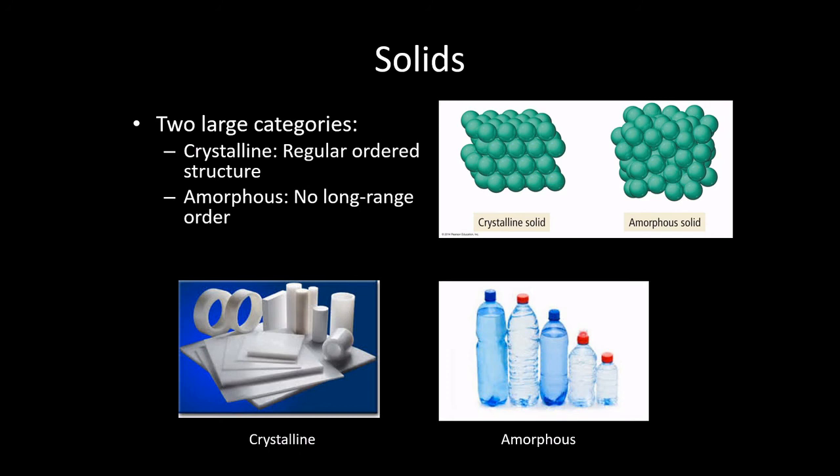They're no less solid. They are just as solid as the crystalline solids, in terms of the definition anyway. But because there's no long-range order, there's not as much for the light to interact with. There are no crystals for the light to interact with, and so while it might kind of warp the light, it might kind of bend it one way or the other, it's not going to completely absorb or block it like the crystalline solids would.